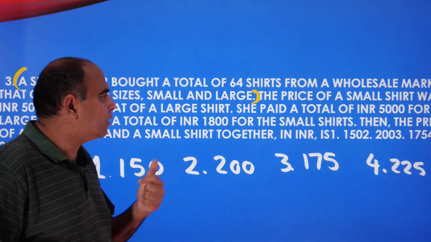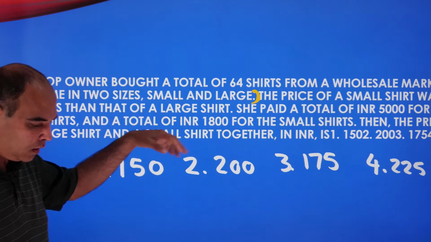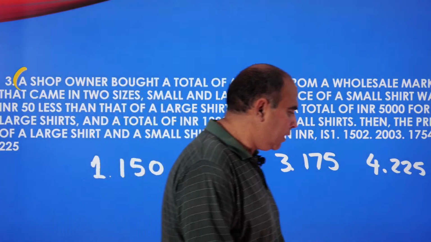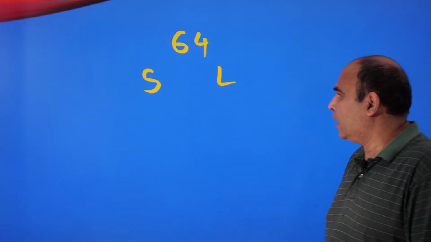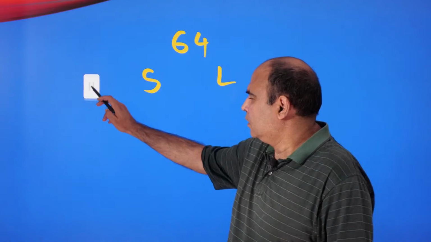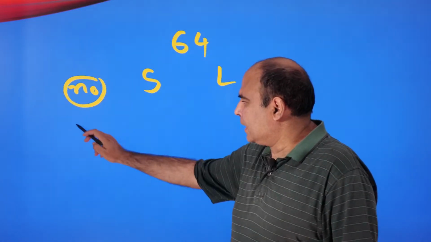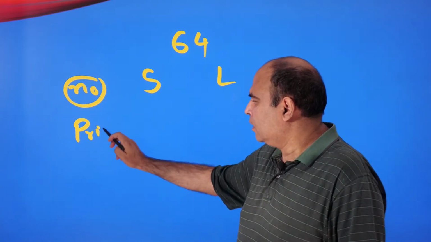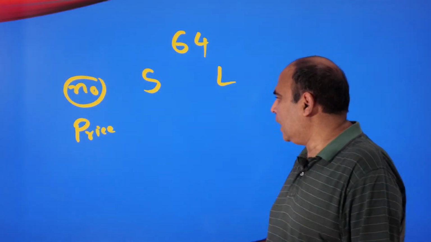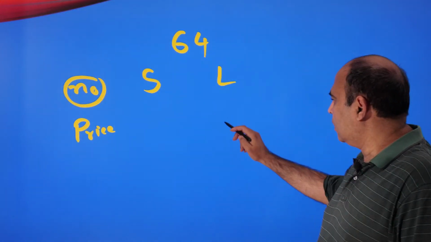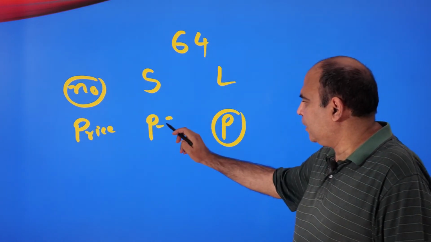So when this question tells me the price of a small shirt was 50 rupees less than that of a large shirt, I'm thinking variables. यहाँ पे 2 वेरिएबल इंट्रोड्यूस हो गए क्वेश्चन में. एक हो गया नंबर ऑफ शर्ट्स. There is a breakdown of 64 between small and large shirts, and the second variable they are introducing is the price of the shirts, and they are telling me the smaller shirt costs 50 rupees less than the larger shirt.